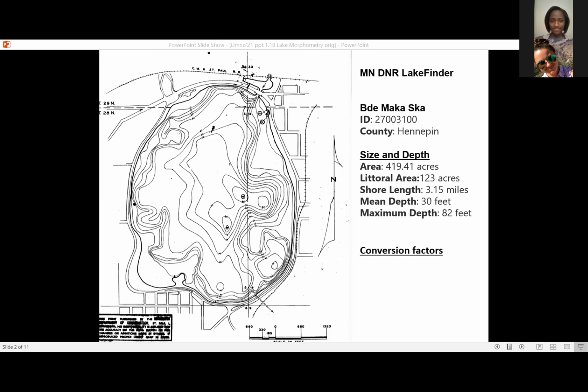Then let's just convert the mean depth, 30 feet. I'm going to convert from feet to meters, and we use 1 foot is equal to 0.3048 meters.